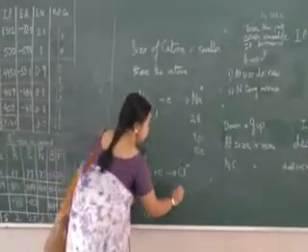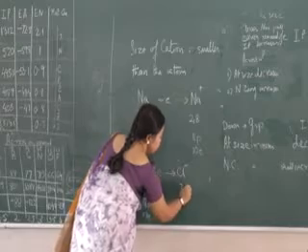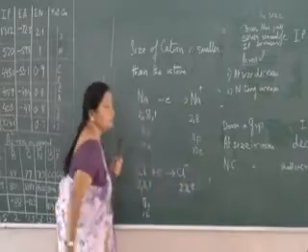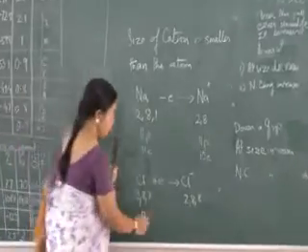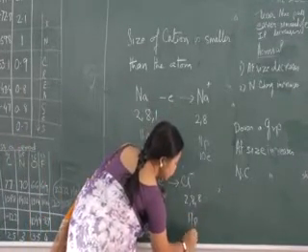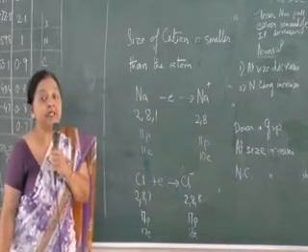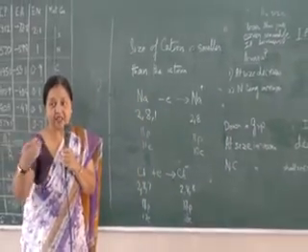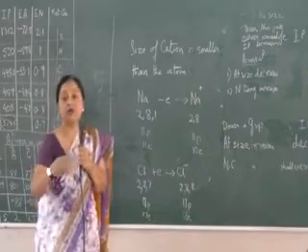What happens? This has the configuration 2, 8, 8 because it has accepted 1 electron. And now it has 17 protons and 18 electrons. So nuclear pull becomes feeble, since the number of protons is less than the number of electrons. So size increases.